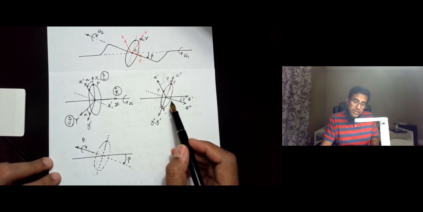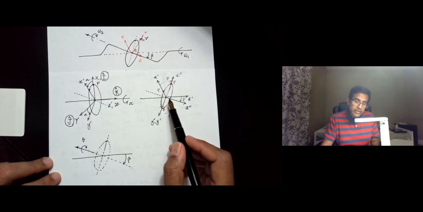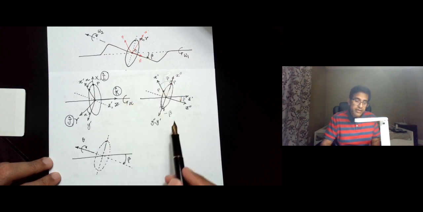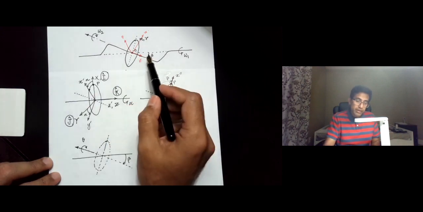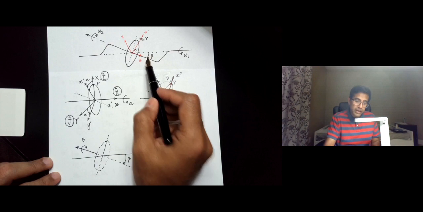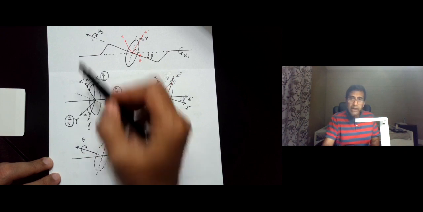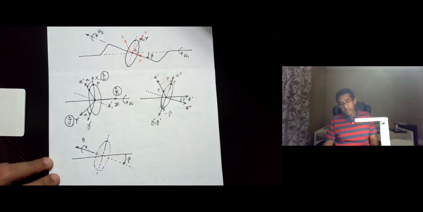The second rotation was about the negative y direction, which was done to align with this tilt in the beta direction, by the angle beta. And then we are giving this rotation in the negative z-axis to align with this angular velocity omega 2.